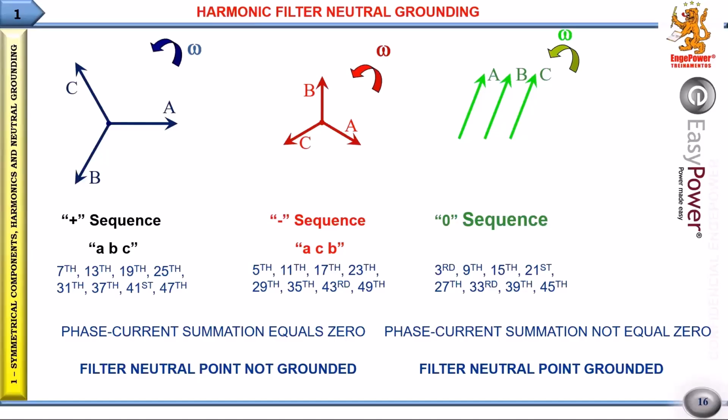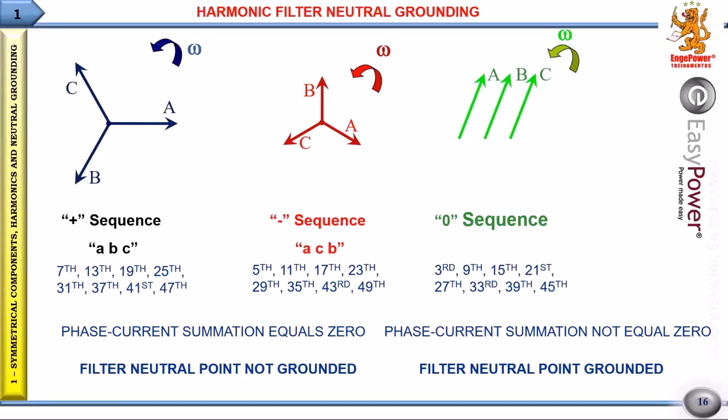So for positive sequence filters, neutral grounding of the filters is not required, because the summation will always be 0 at the neutral point. The same thing happens for the negative sequence currents. The summation of the three currents will be 0 at the neutral point.